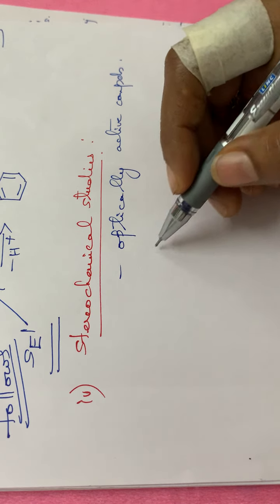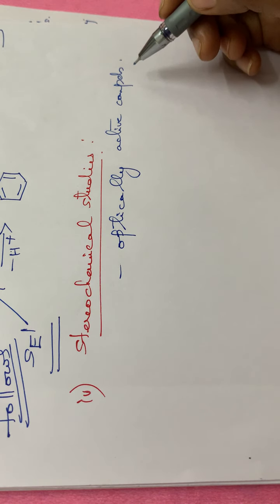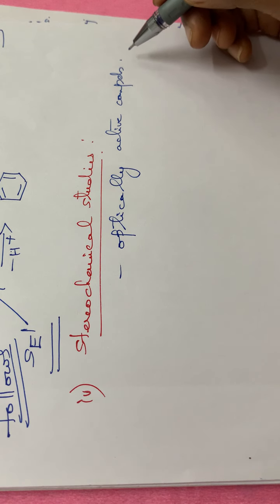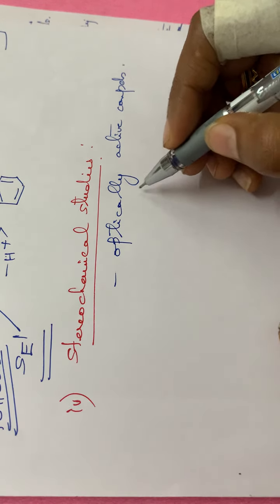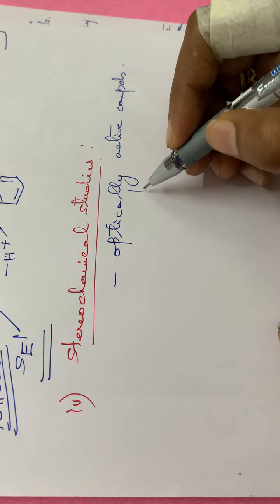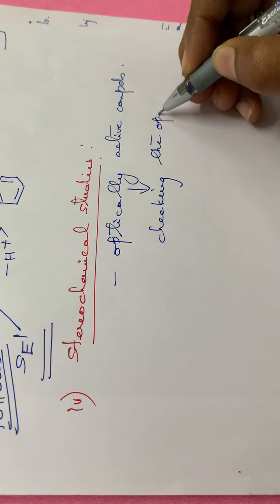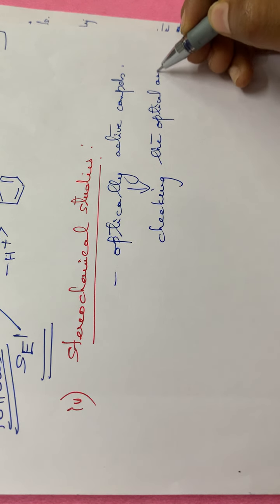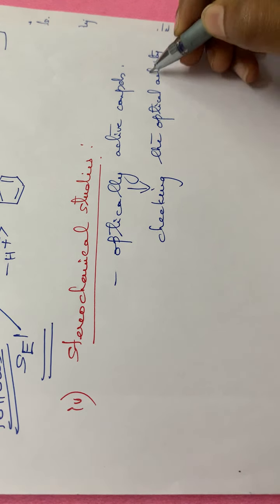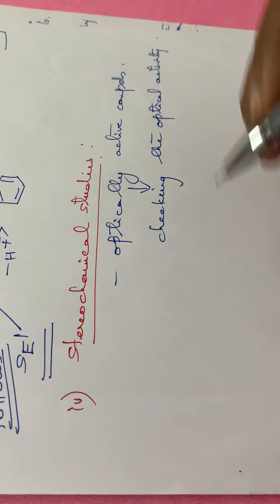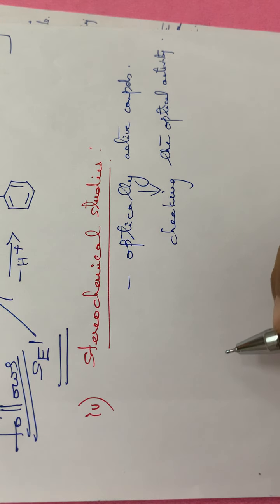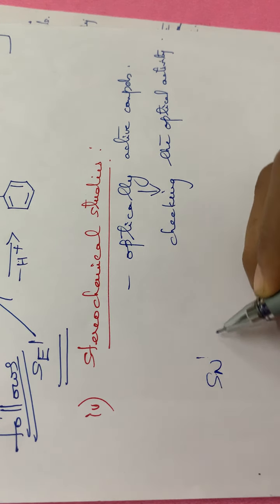So by taking optically active compounds and checking the optical activity of the products, thereby we will be clear about the mechanism. See, suppose in the case of SN1, what happens?